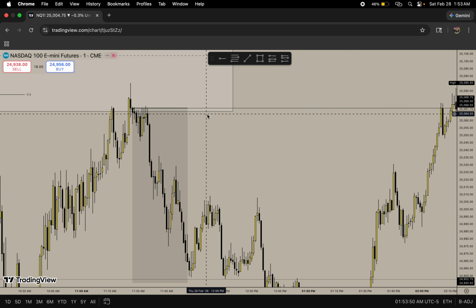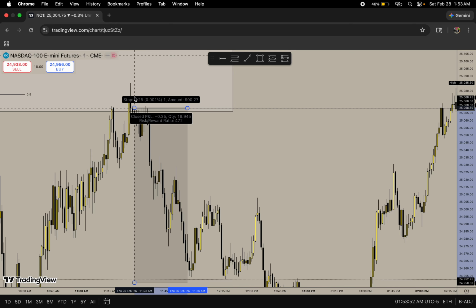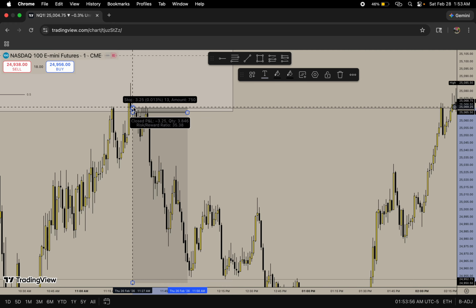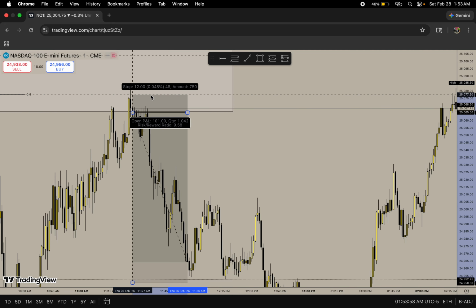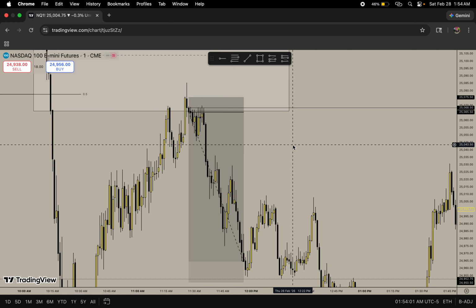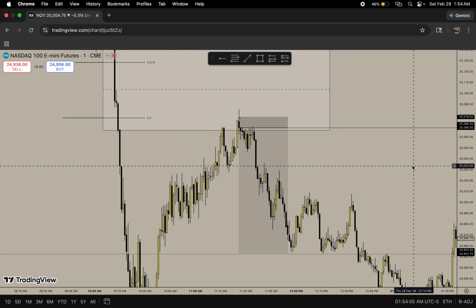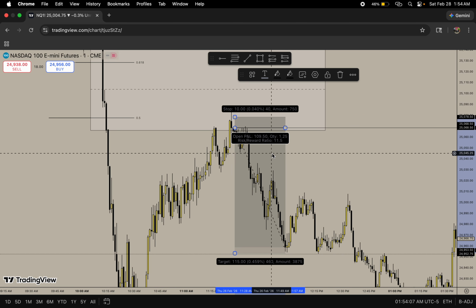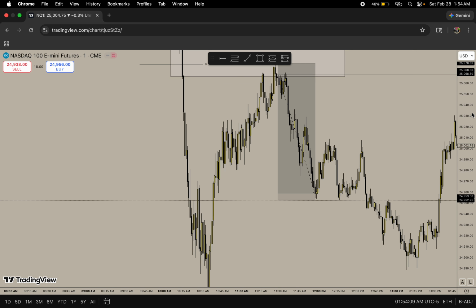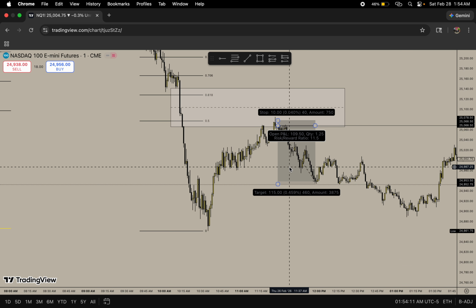You could use a 10-point stop. After entering on the retest. Boom. Perfect trade.